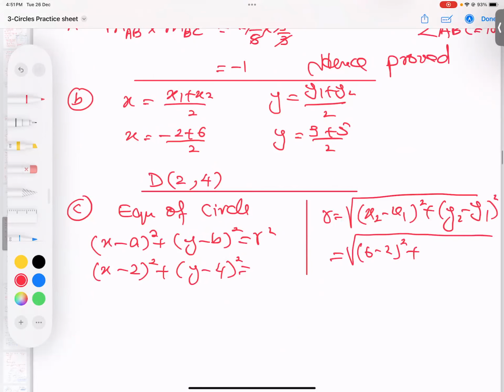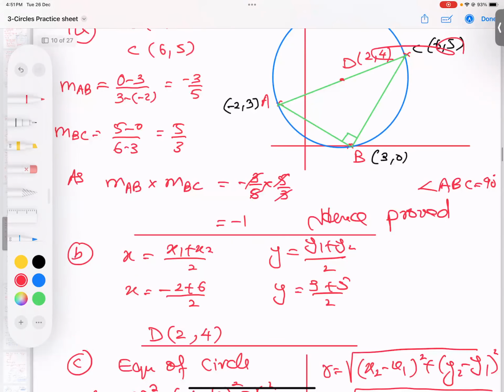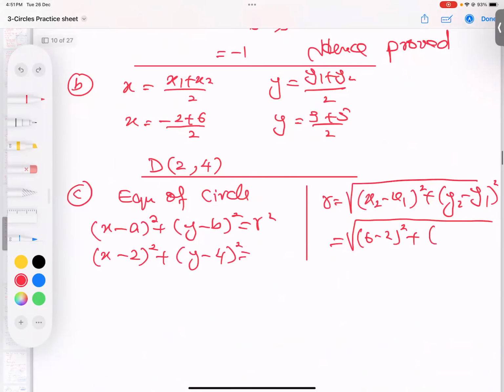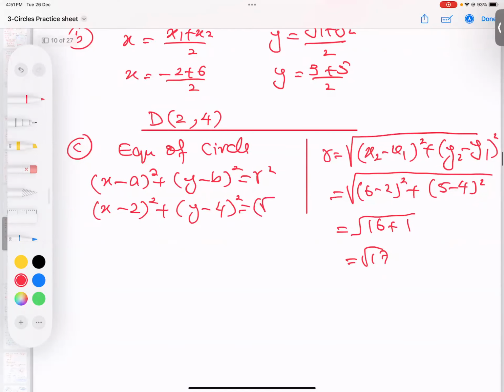And what about the y's? 5 minus 4, sorry. So here I got a 4, so 16, and I got a 1. So root 17 is my radius. So if I plug in here root 17 to the power 2, I think it is very, very clear.